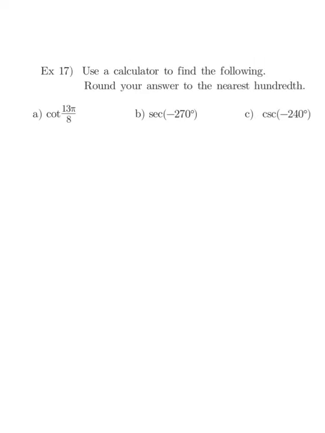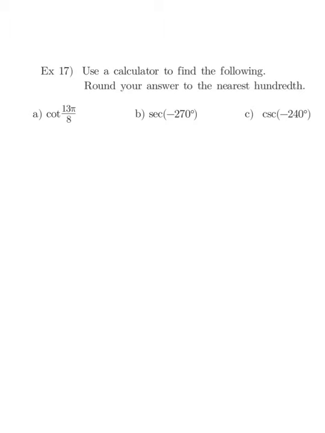On our very last example for Mod 3, we are being asked to use a calculator to find these values. The purpose of these questions is for you to recognize that each of these problems is a reciprocal. And so how would you do a reciprocal on your calculator? Cotangent is the reciprocal of tangent.